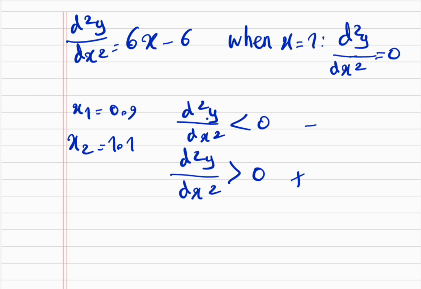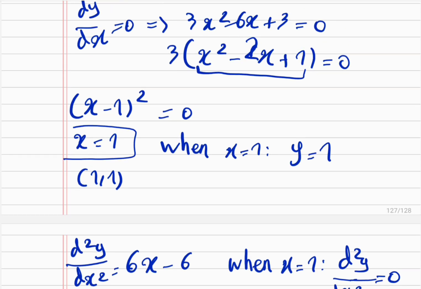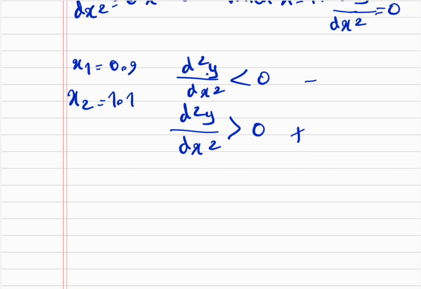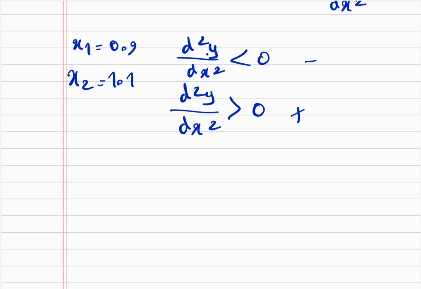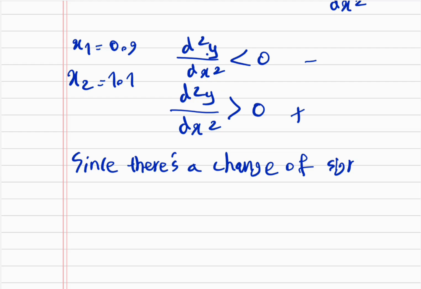So if there is a change of sign when you substitute 2 values in the second derivative, then that indicates that the point (1, 1) is a point of inflection. So since there is a change of sign, this point is a point of inflection.